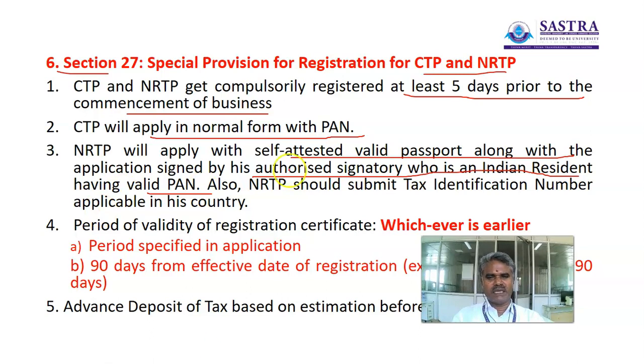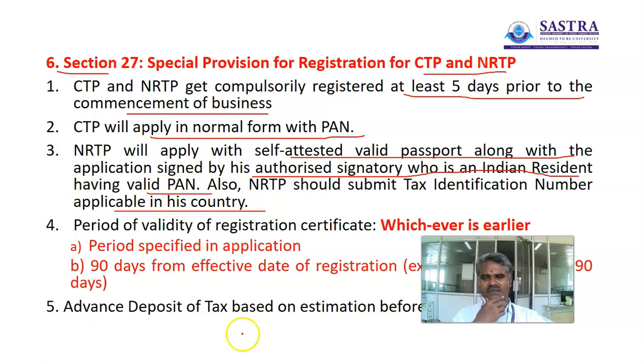NRTP should submit the tax identification number applicable in his country. Suppose he is from the USA. In the USA, they have given one number for tax identification. This number should be mentioned in this application form because it is an authenticated number which we can easily refer to and verify whether it is original or fake. This is very, very important.